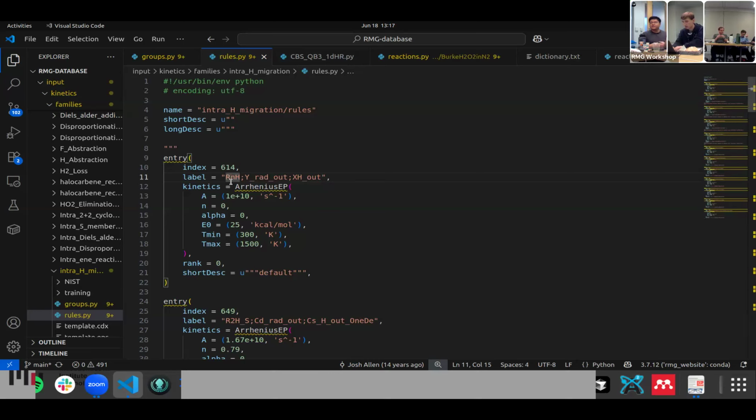So the user, in general, won't need to worry about these, in terms of defining the tree or anything like that. Where it might come into play is if you want to add your own kinetic data. A later session will discuss that more. We have some scripts that help automate parts of that.